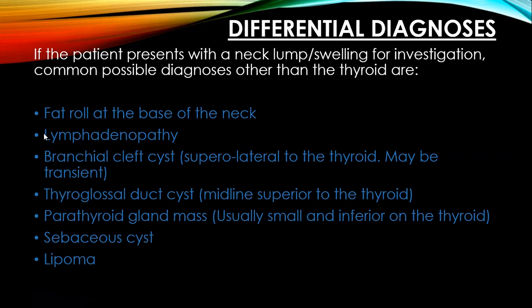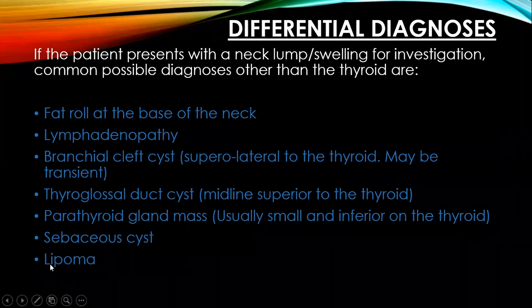So I'm going to talk about lymphadenopathy, branchial cleft cyst, thyroglossal duct cyst, parathyroid gland mass. Lipomas, the ultrasound appearances are the same everywhere, so I didn't see need to talk about it.